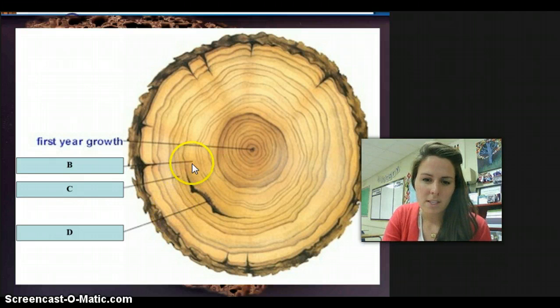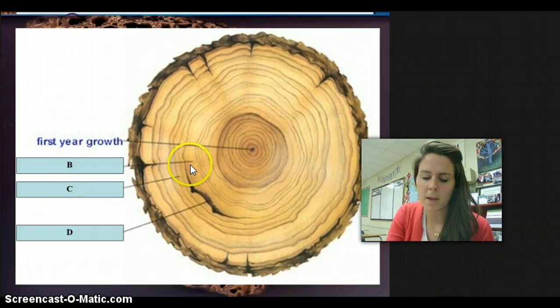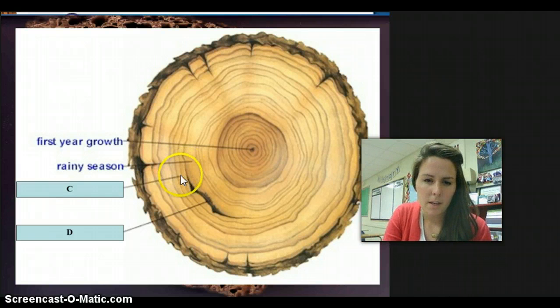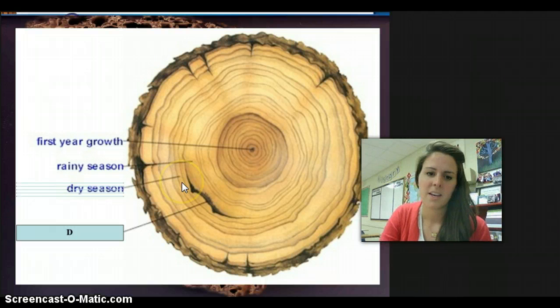Now you can see right here there's a big gap between this ring and this ring. Well, what we can learn from there is that it was a really rainy season and it experienced a lot of growth. Now there's one with a little bit of distance between this year and this year of growth, and we can tell that it was a very dry season.